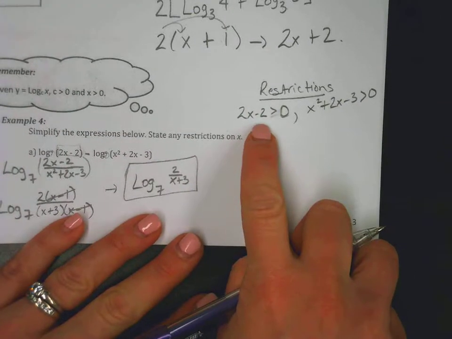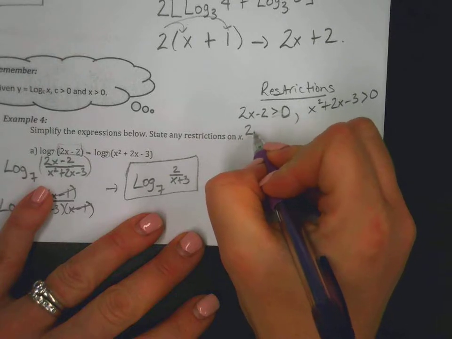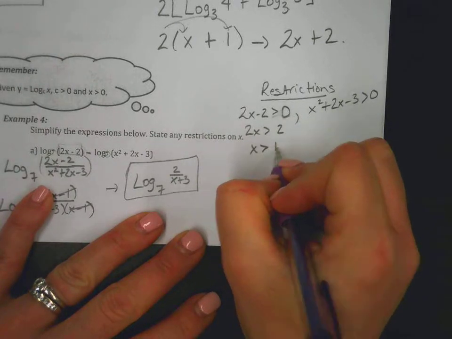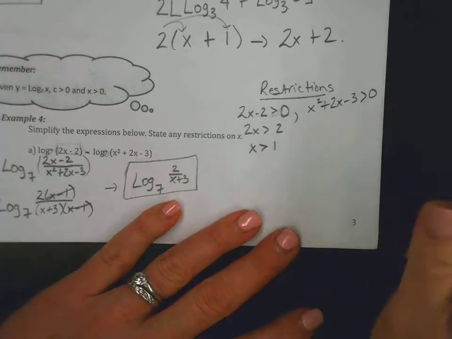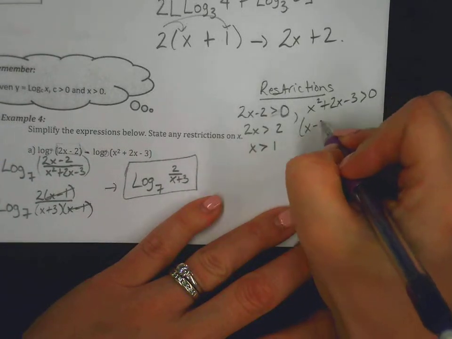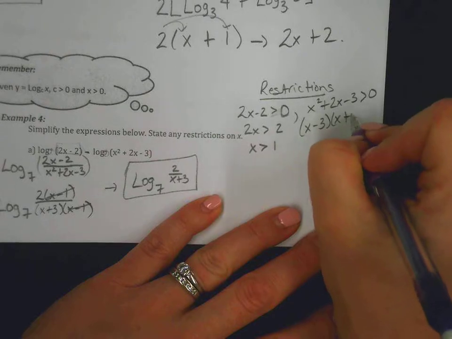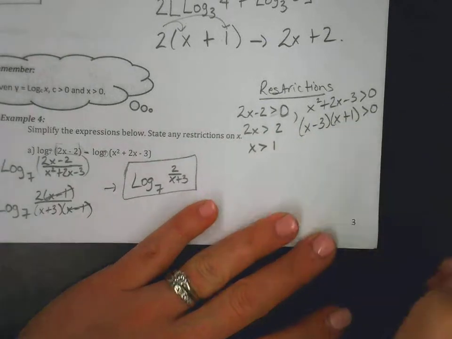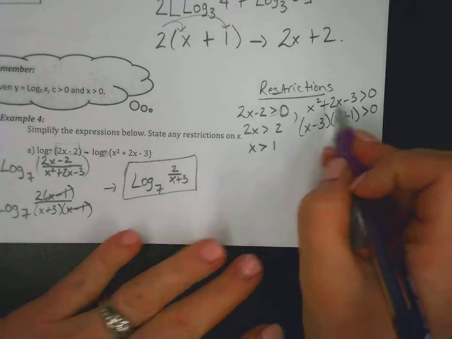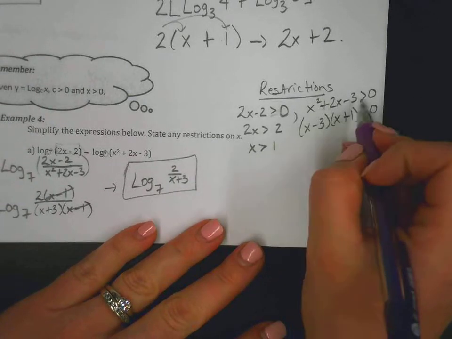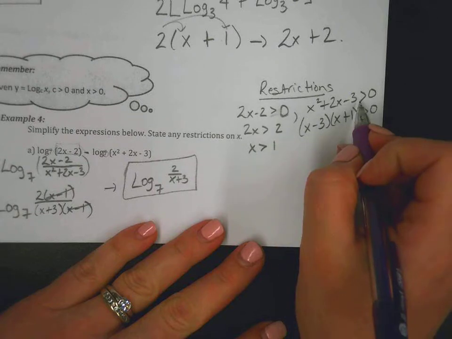So this is a linear inequality which we can simply solve. So x would have to be greater than 1. Here, to solve a quadratic inequality is a little bit trickier. This takes us back to our Math 20 course.